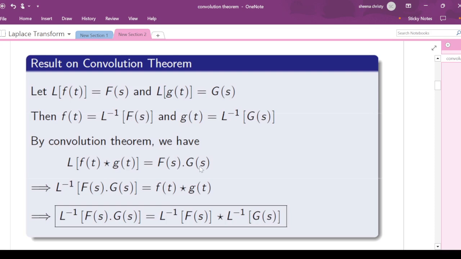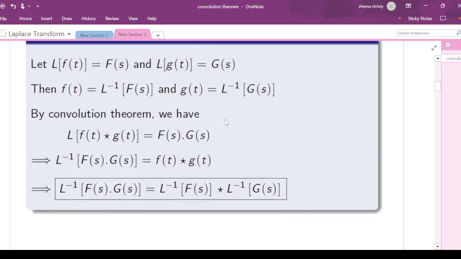We know that. By taking the inverse Laplace transform on both sides, we get L inverse of F(s) times G(s) equal to f(t) star g(t). Already we know that f(t) is the inverse Laplace transform of F(s) and g(t) is the inverse Laplace transform of G(s).